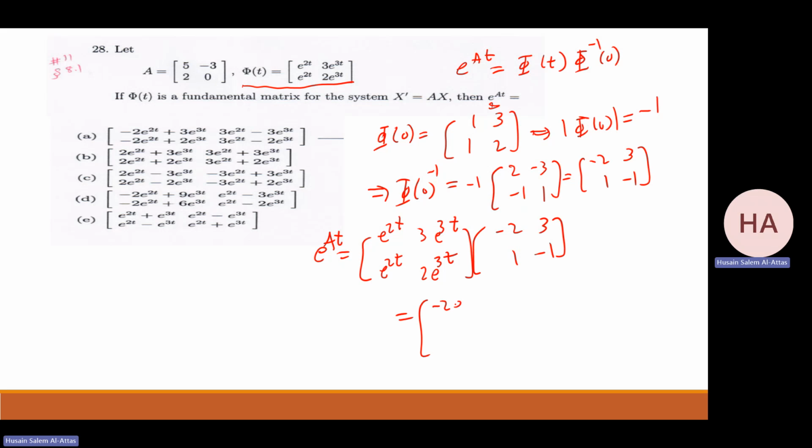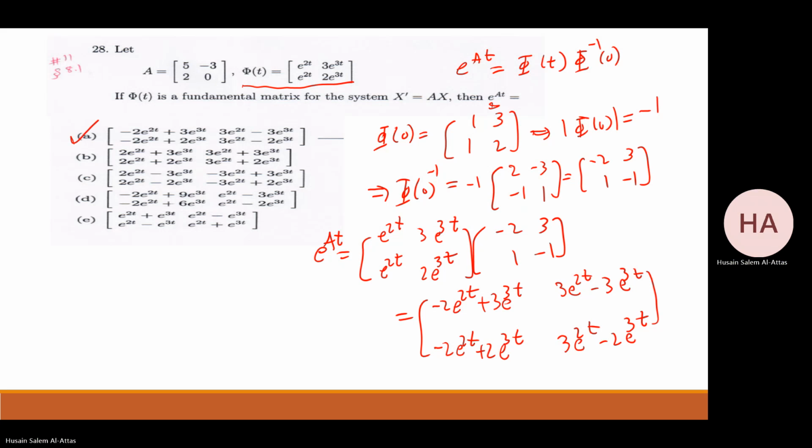And that will be minus 2 e to t, this row times this column, plus 3 e to 3t, the first row times the first column, and the first row times the second column, minus, then the second row times the first column, and the second row times the second column. Now let me check what will be the answer. Minus 2 plus 3, 3 minus 3, minus 2 plus 2, and 3 minus 2. So this is my answer. Yes, correct.